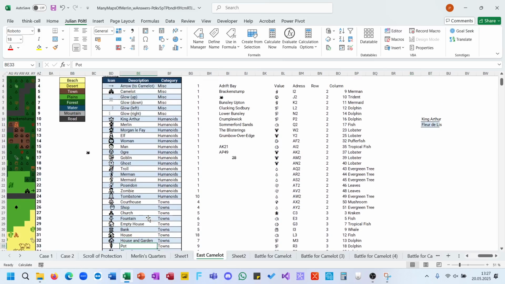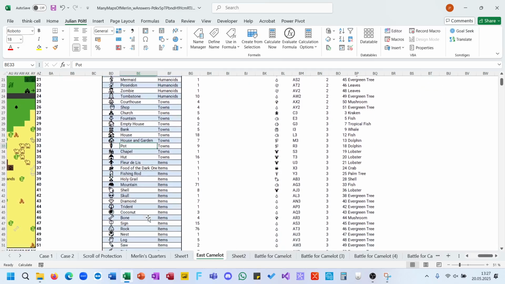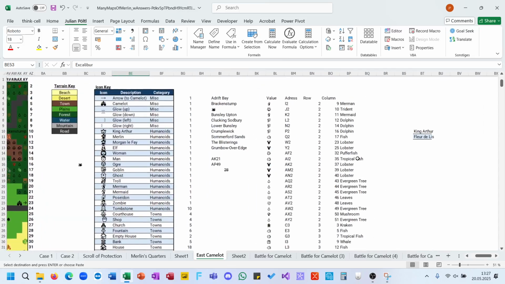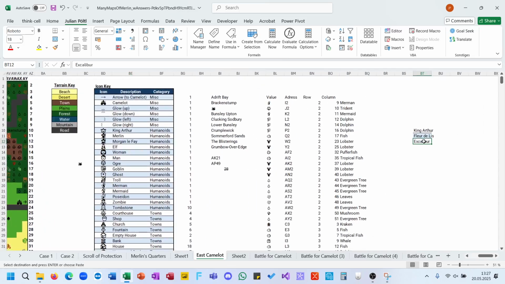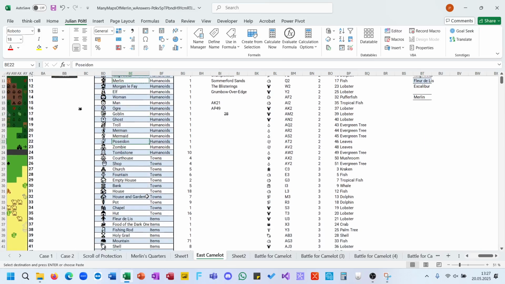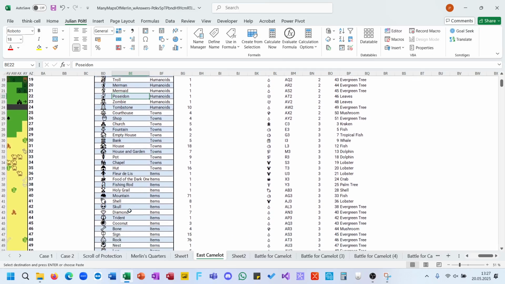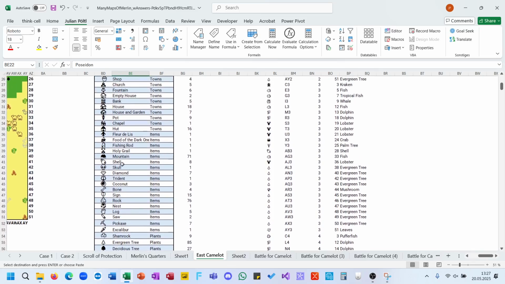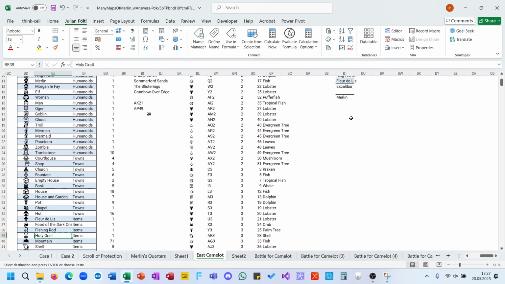Then Excalibur. Then Holy Grail. Then Merlin. Holy Grail. Here it is.